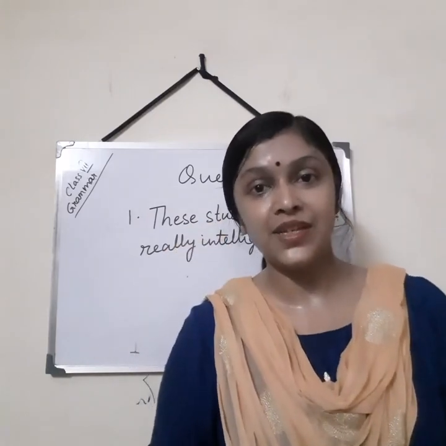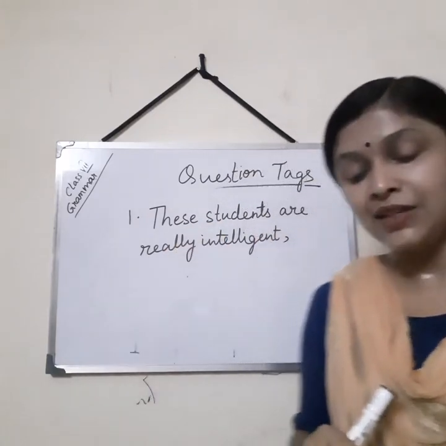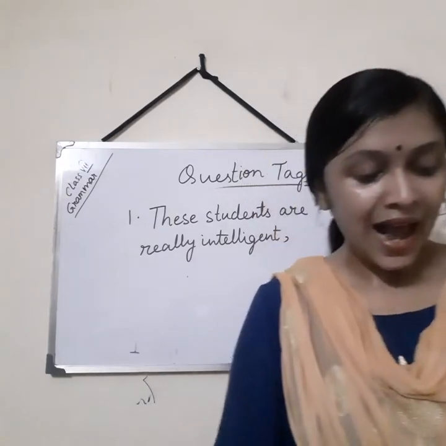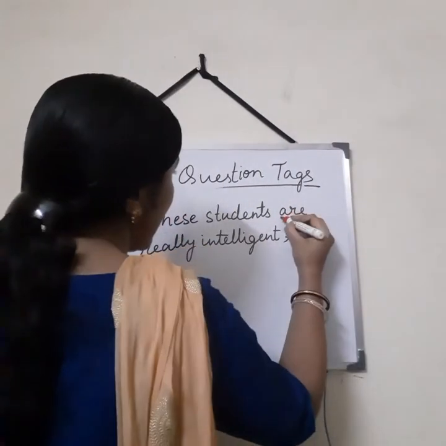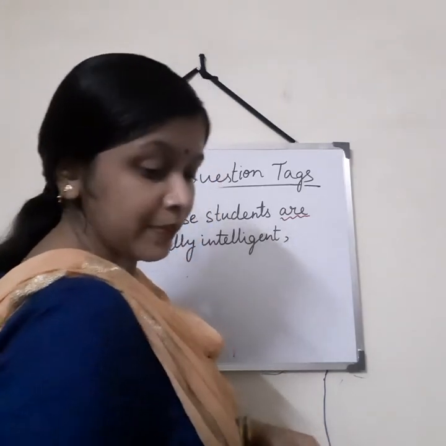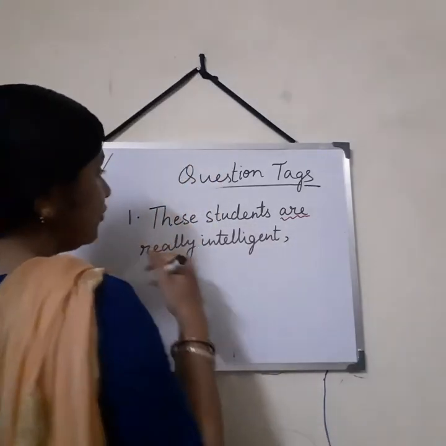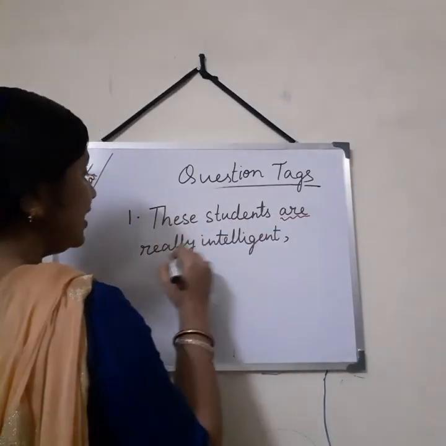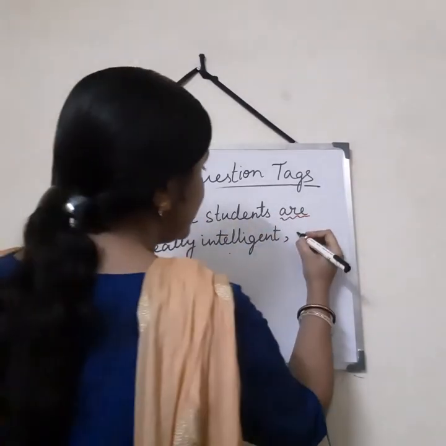So the question tag will be the negative question tag. And let us identify the auxiliary verb. The auxiliary verb is are. So the question tag will be, I think you have already written it in your copies: these students are really intelligent, aren't they?